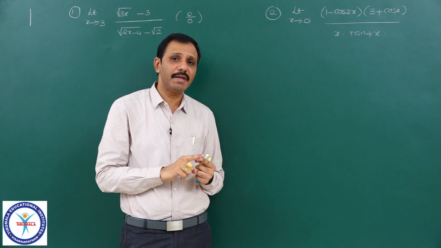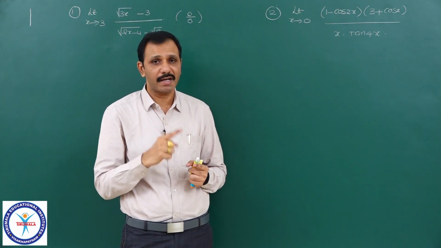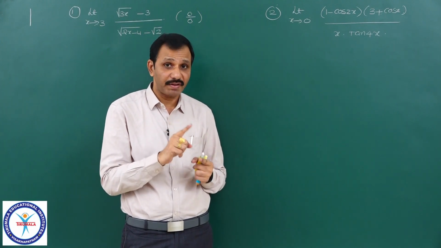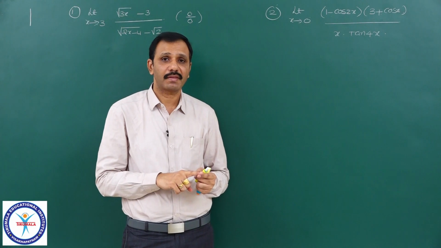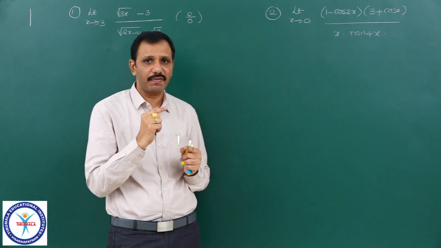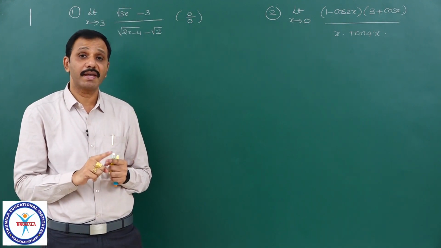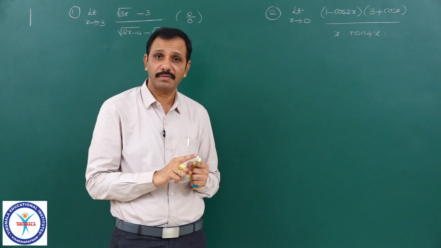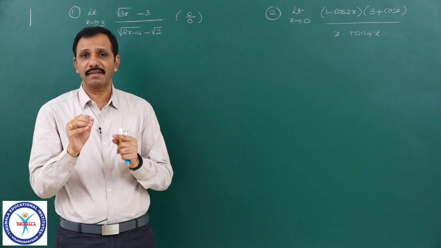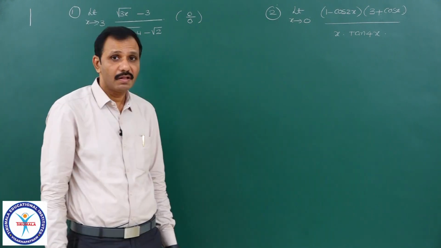Sometimes it is useful to rationalize either the numerator or the denominator. Or, if it is of the form 0 by 0 or infinity by infinity, we can use L'Hospital's rule. But mostly we can evaluate most problems without using L'Hospital's rule.